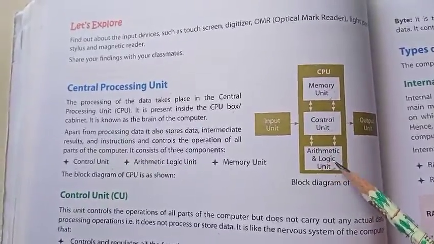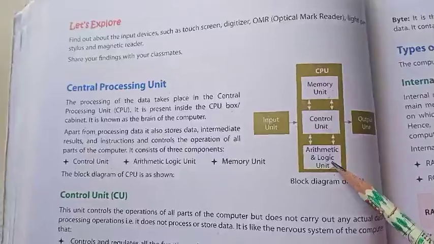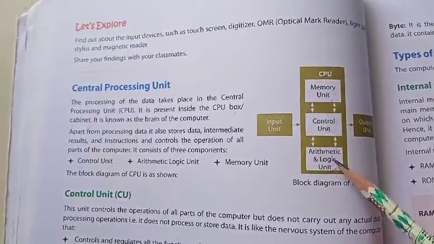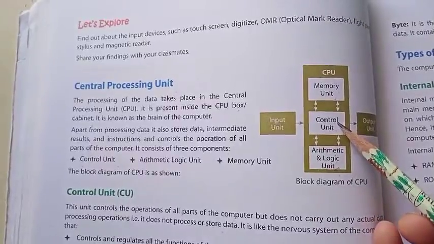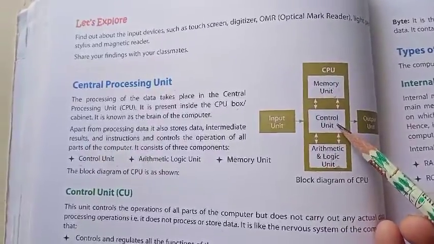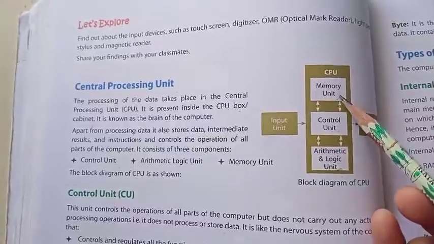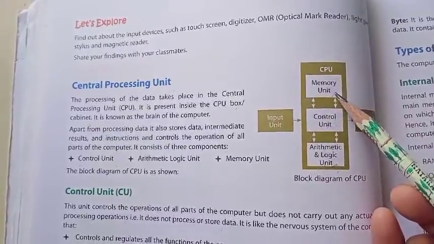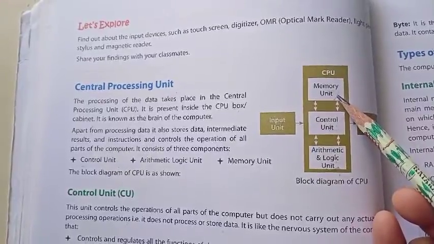This arithmetic logic unit will process the data and will frame output out of that. That output will again be fetched by the control unit, and if you have given the command to save it, it will go to the memory unit and will get saved into the secondary storage devices.